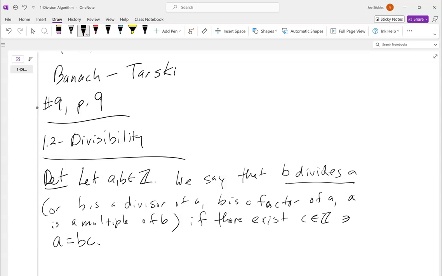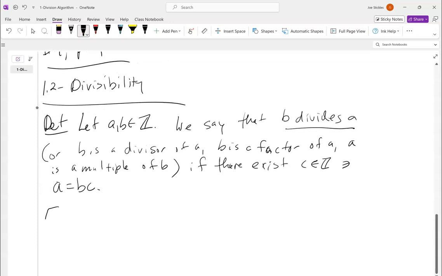Okay. Just as an example there, I should say notation first, because we like notation. Mathematicians are lazy. We like our notation. In this case, we would write B and then a vertical bar and then A, for B divides A. So you get a vertical bar there.